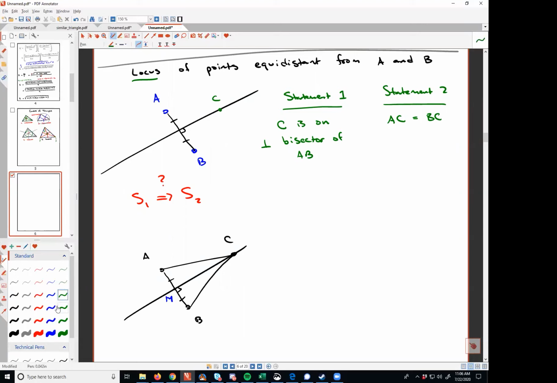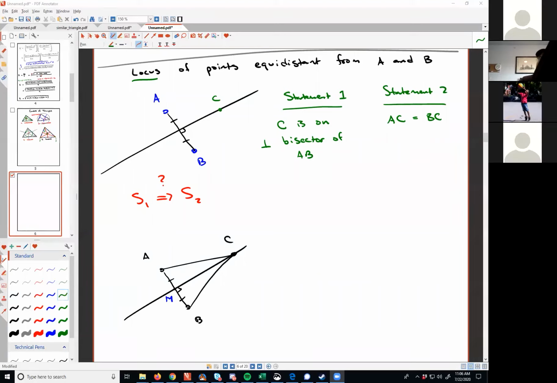But look at this diagram. What do we see that we've seen before? Congruent triangles. Yes, we have congruent triangles. CM is equal to itself. And now we have side, angle, side congruence.